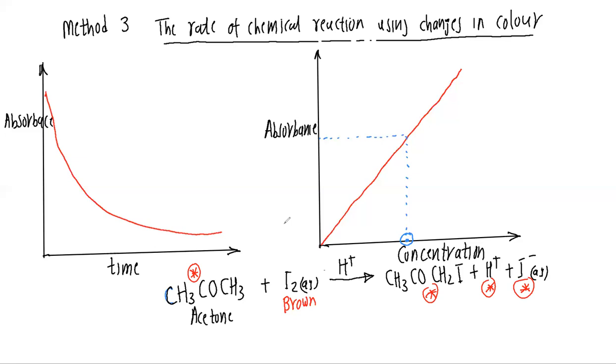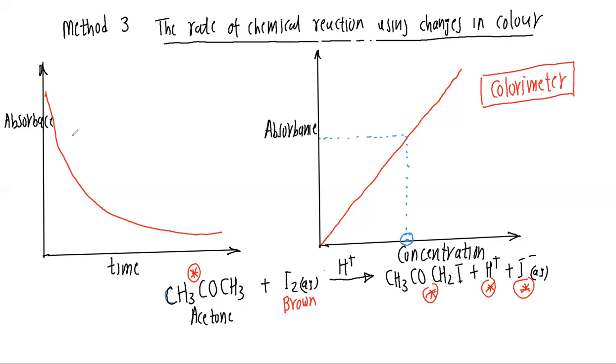And somehow we need to capture that. And here comes our helper, that is basically what we call a colorimeter. Our helper to measure the color is called colorimeter. It's an instrument which basically checks the intensity of the color, and that is called absorbance.